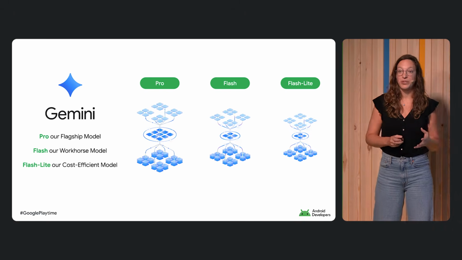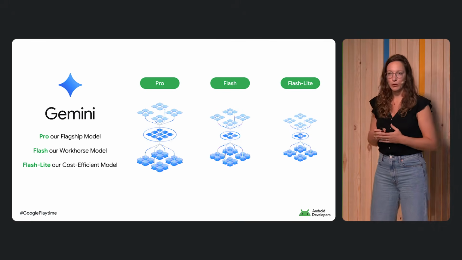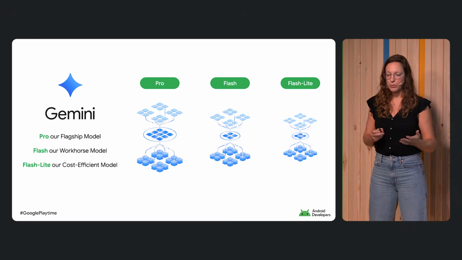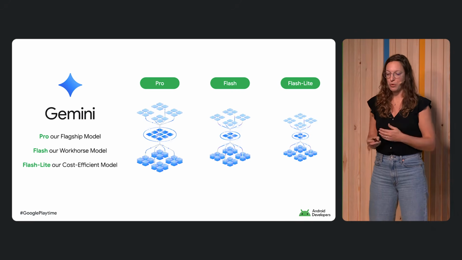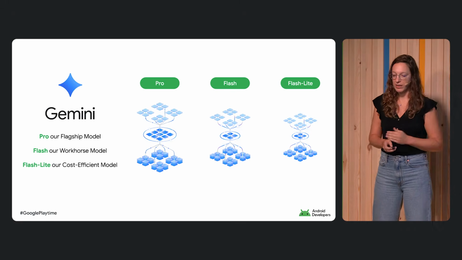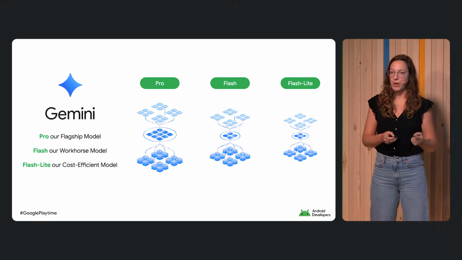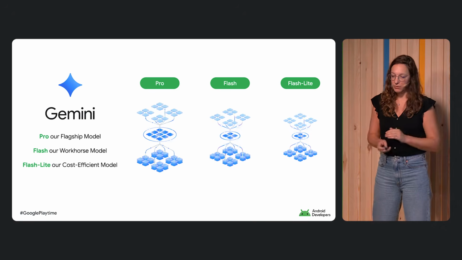We have Pro, which is our flagship model for your most complex reasoning and long context tasks. Then we have Flash, the workhorse model that you would often use if you want a good price performance ratio for high volume, low latency tasks. But also don't forget Flash Lite, which works really well if you are on a budget because it is typically cheaper.